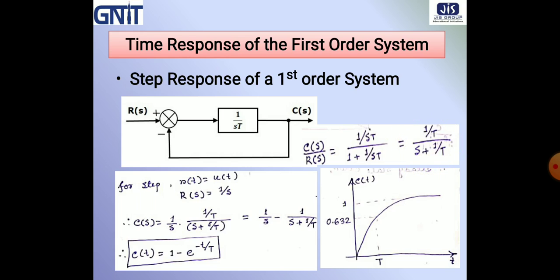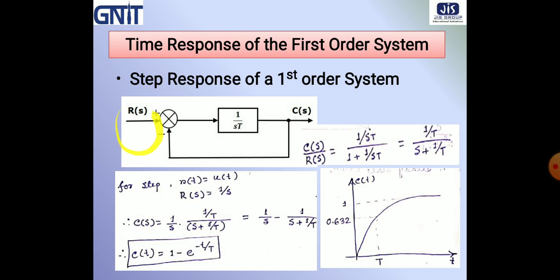Now if we want to calculate the step response of the first order system, then we have to apply a step input, that is r(t) is equal to u(t), unit step input. If r(t) is equal to u(t), then R(s) will be 1 by s.